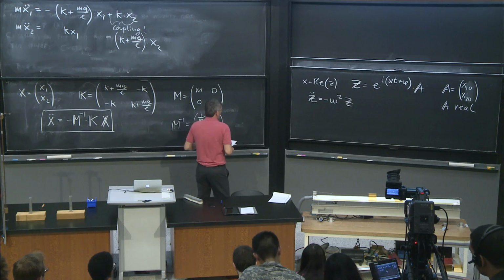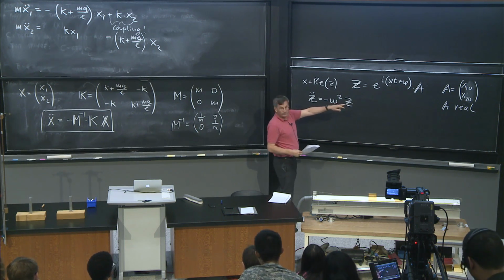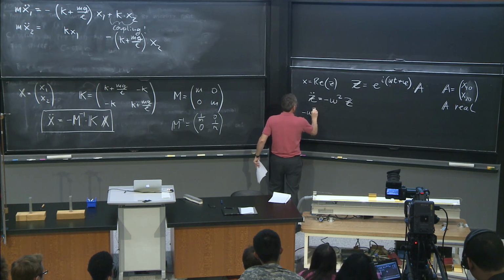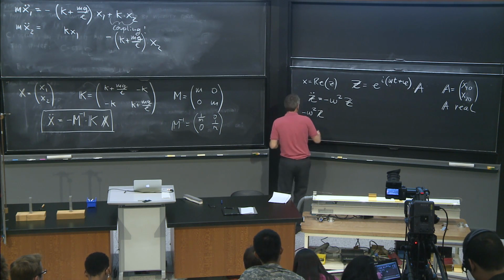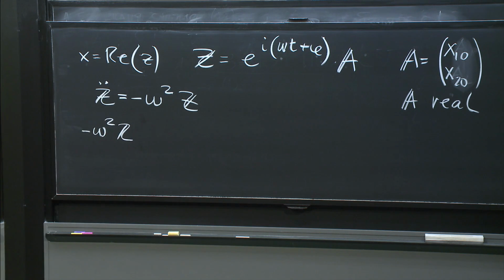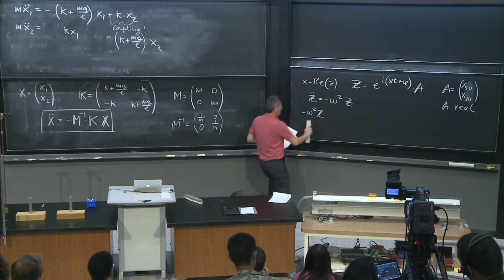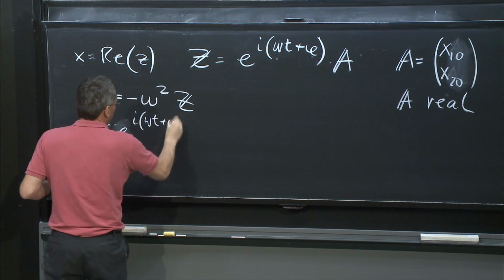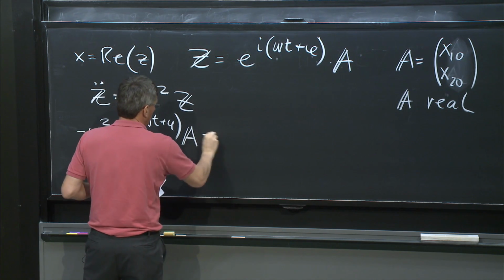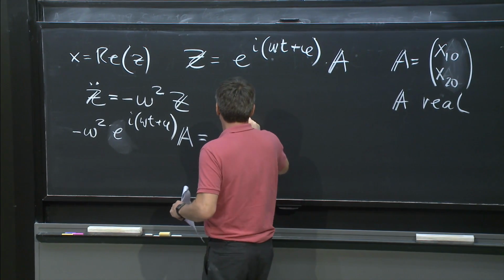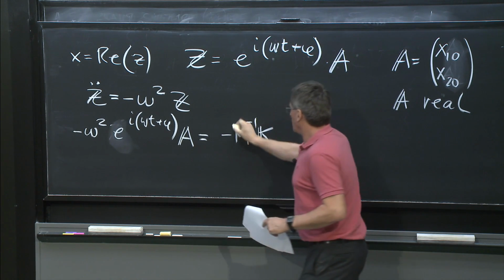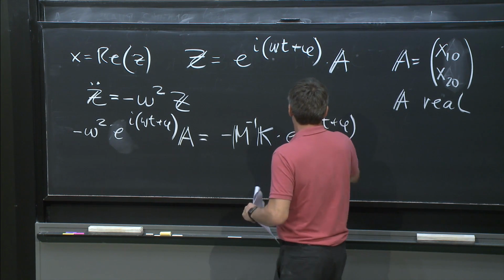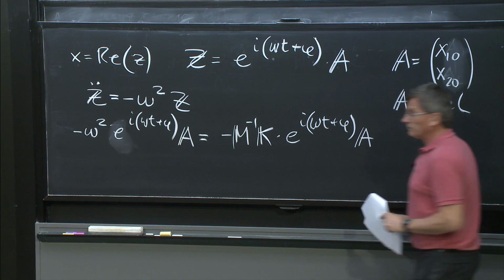When I plug this in here, my equation becomes an equation for A. I have minus omega squared times e to the i(omega t plus phi) times the vector A, which is equal to minus m to the minus 1 k times e to the i(omega t plus phi) times vector A.